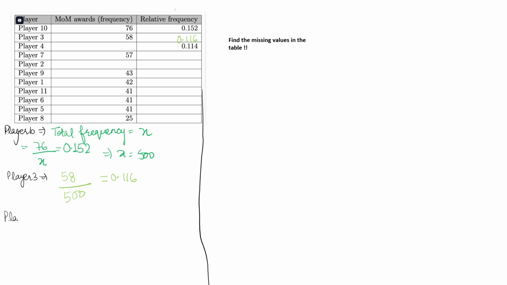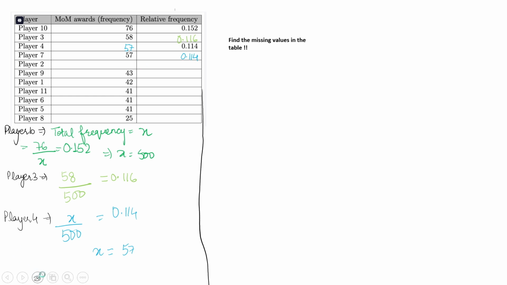So x over 500 equals 0.114, so x will be 57. Since the values are the same, the relative frequency will also be the same. Now player 2 we will find in the end.